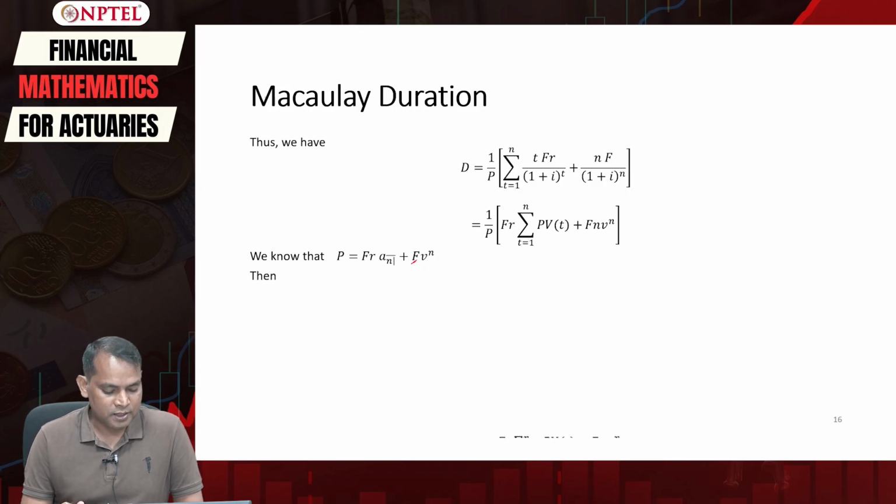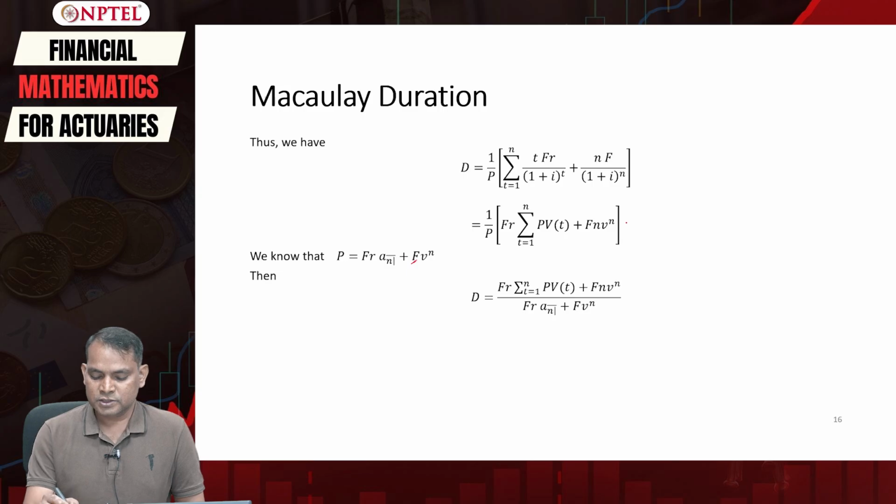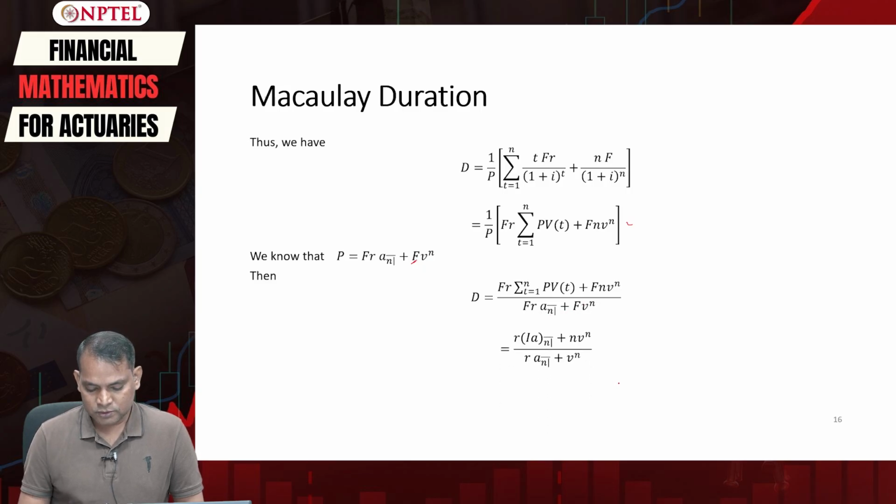Then we can rewrite this formula as D equal to Fr sum of PVt plus F of n v to the power n, whole divided by P, that is Fr a angle n at I plus F of v to the power n. Or simply we will have this Fr and Fr, or simply the face value and face value.